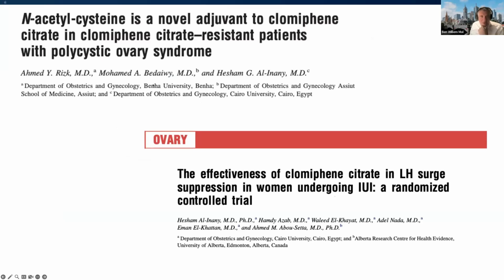Another example, if we close off: this is two RCTs published in Fertility and Sterility, same author involved, El Inani. And if you look carefully, interestingly, the affiliation of the last author, Abu Seta, is from Canada, which would hope to allow a little bit more ground for investigation.